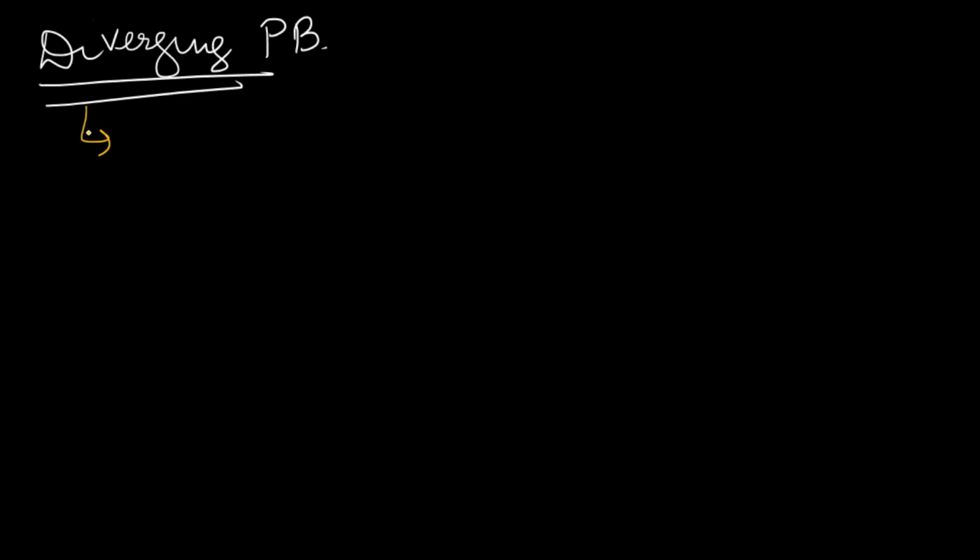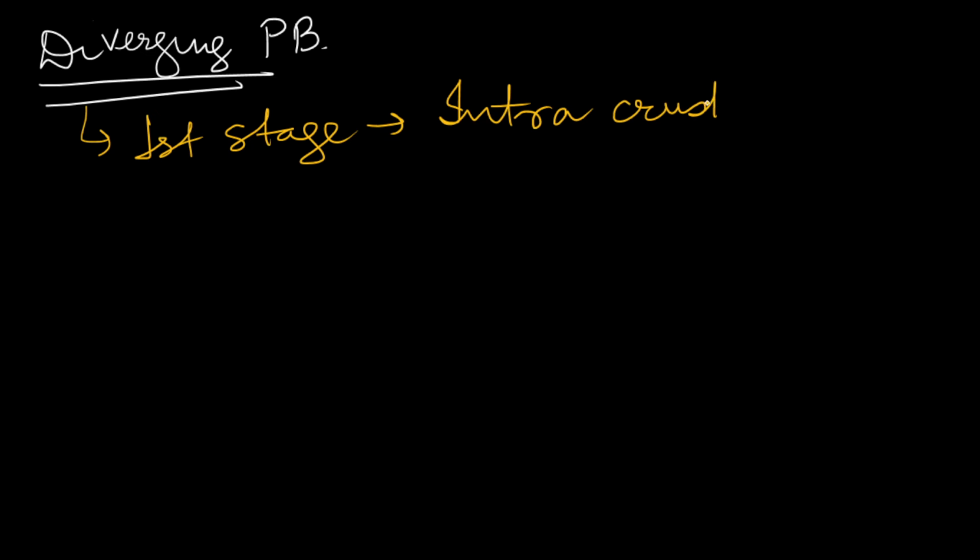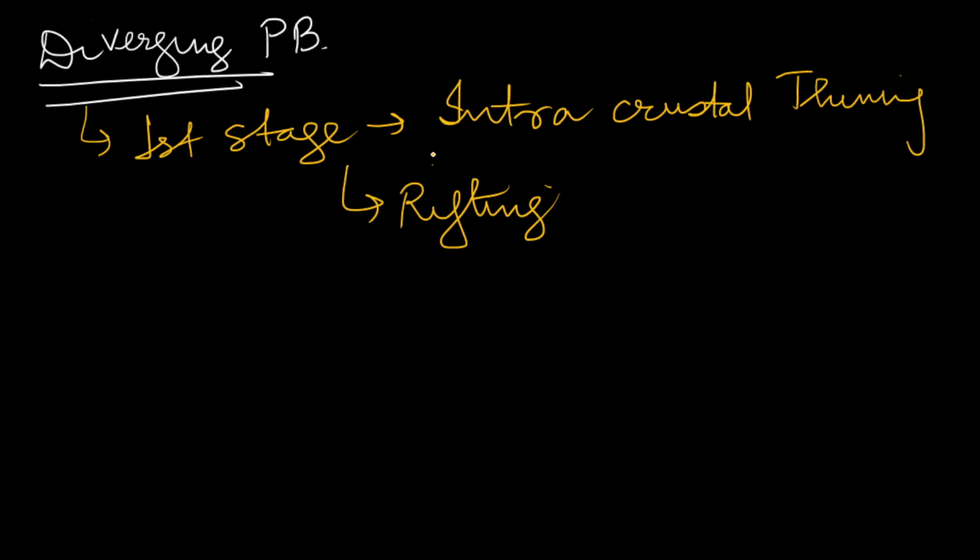We have to discuss the physical formations because in the kinematics part we have to look into the geophysical formations. In the first stage, there is intracrustal thinning, that is, the crust starts to thin. We are discussing diverging plate boundaries. Then the second stage is rifting. Okay, a rift will start to form.